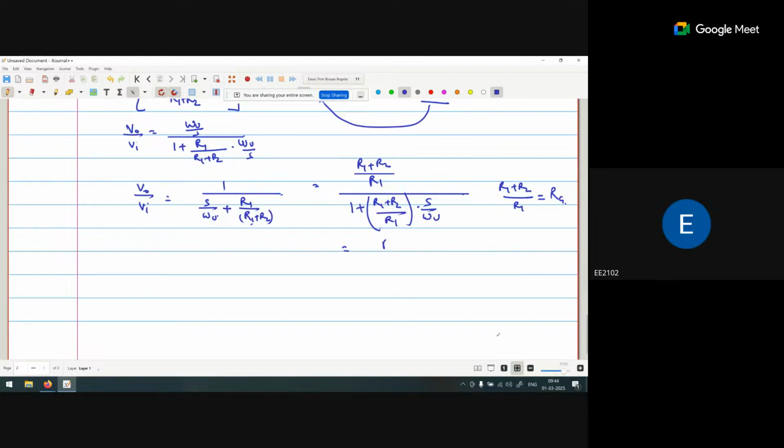So it becomes RG upon 1 plus RG times S upon omega U. So that is the V naught upon Vi.